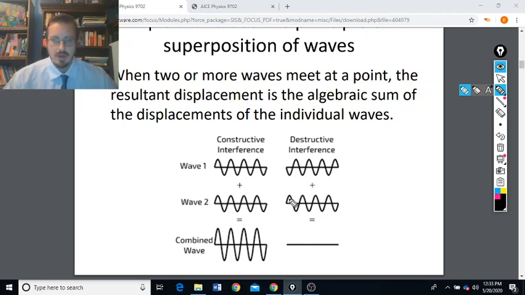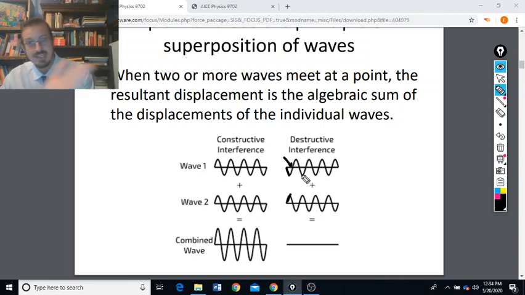But if the waves are 180 degrees out of phase, like we see with the destructive interference example, then by the time this first wave, which begins by going below the equilibrium position, gets to a trough, it's going to add up with the wave that was 180 degrees out of phase with it. In other words, this wave down here is beginning at that point, 180 degrees out of phase, or half a wavelength later.